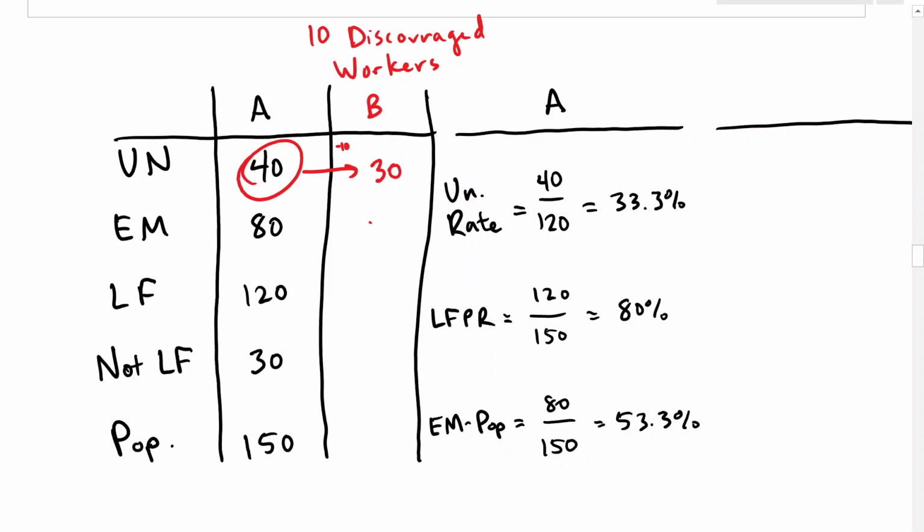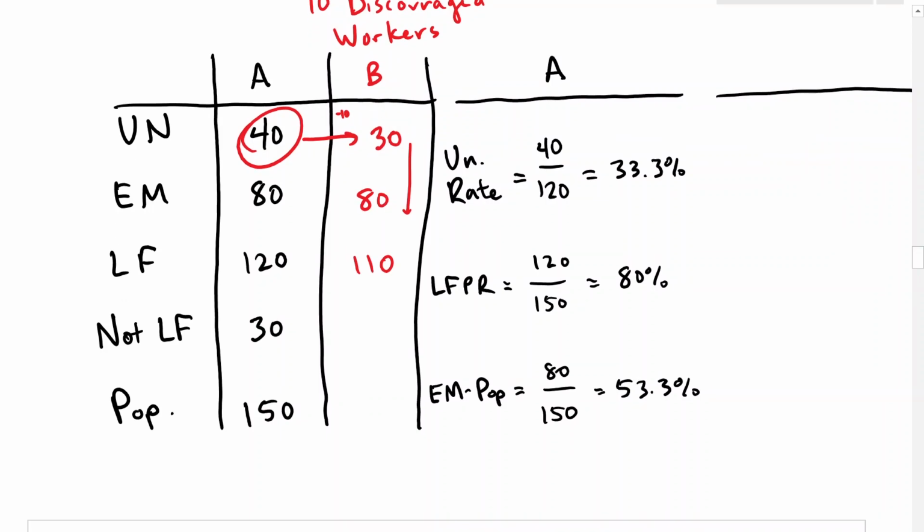We're going to assume that the number of employed stays the same, but now our labor force changes, because 30 plus 80 is now 110. And those 10 extra workers are now not in the labor force, so that's plus 10. And our adult population is still the same.